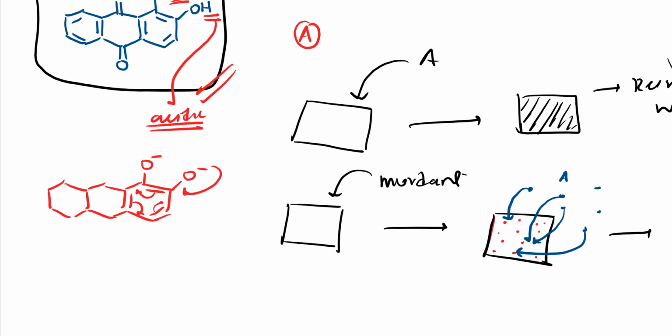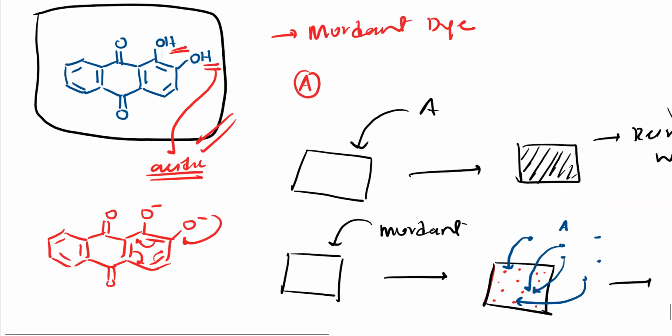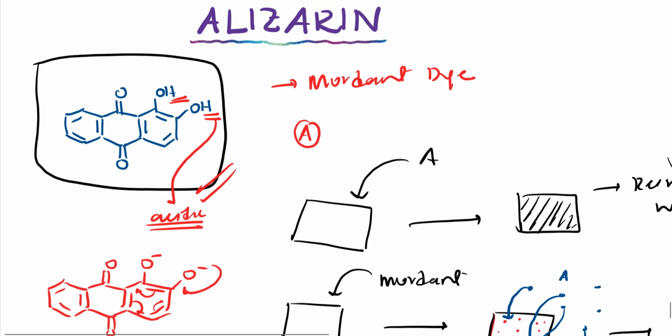So these have acidic protons, and we call alizarin an acidic dye. It has so many names. We can call it a mordant dye, or an acidic dye. Acidic means that if you remove H plus, a negative charge is generated, so it is also called an anionic dye.